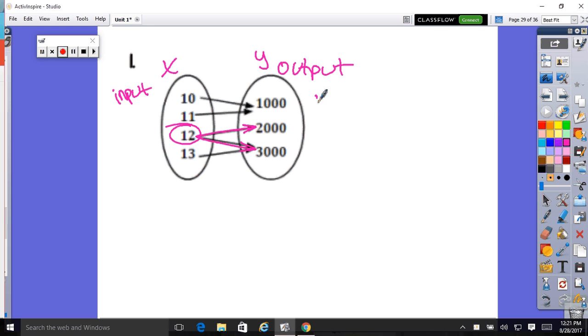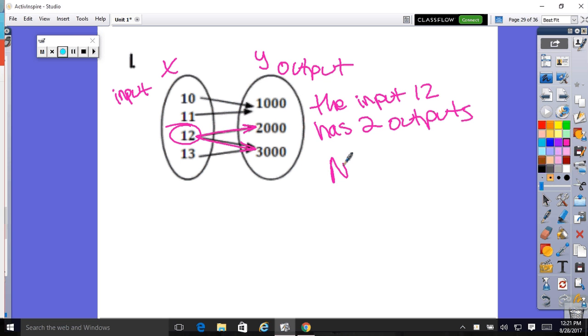So the input 12 has 2 outputs. So it's what? Not a function. Not a function. Okay?